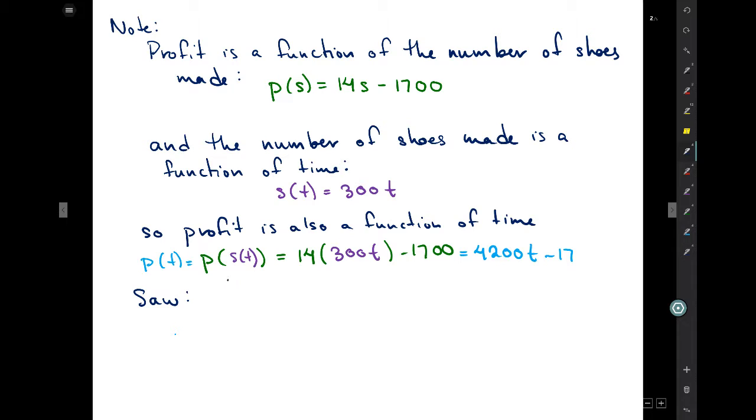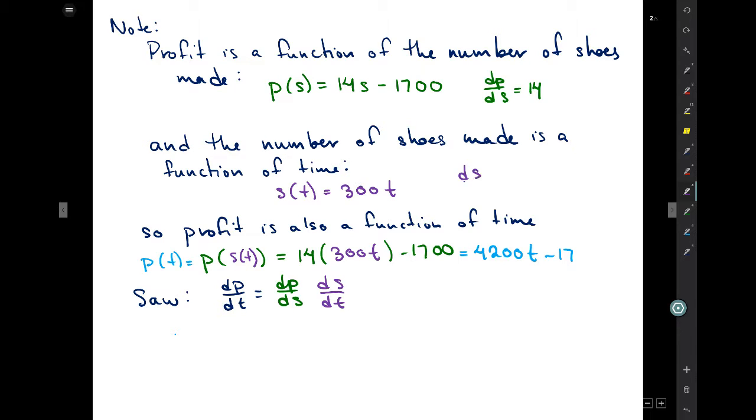And so remember that we saw that the chain rule said that dP/dT is, and again I'm going to color code this, dP/dS times dS/dT. And you can look at this function P and you can see that dP/dS is indeed 14. That's just a linear function, so its derivative is that 14.